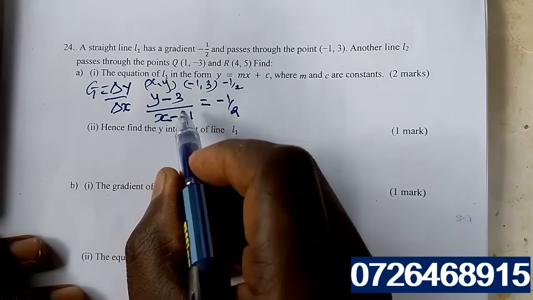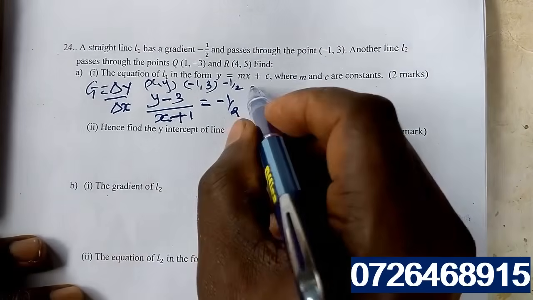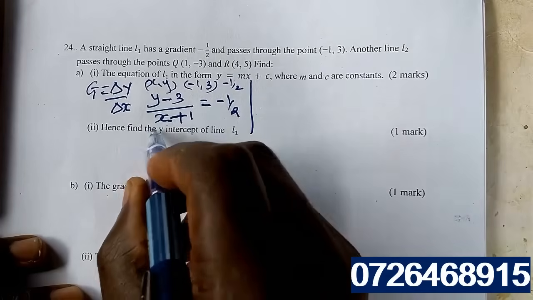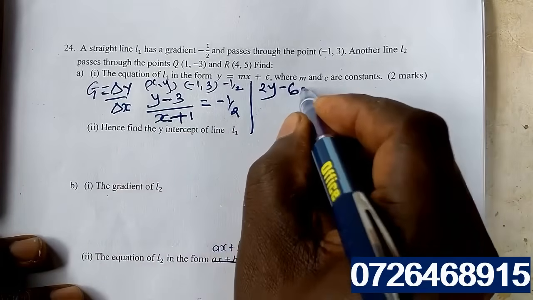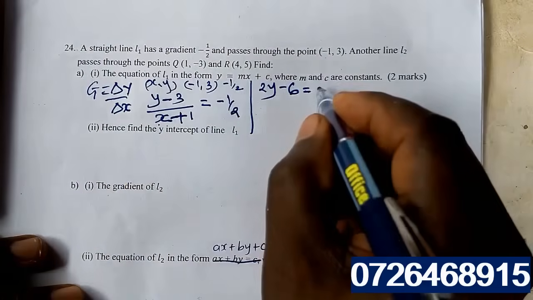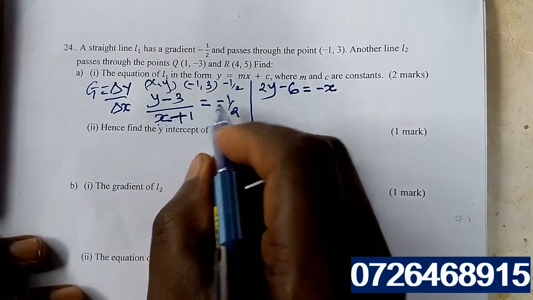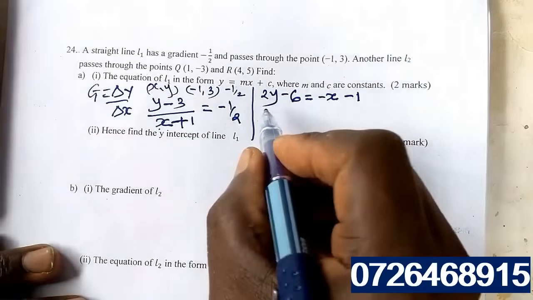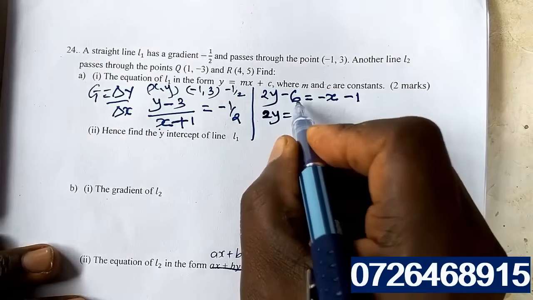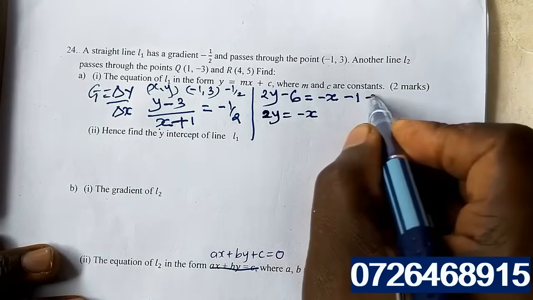And negative times a negative is going to be positive. So we cross multiply this and that. We are going to have 2y minus 6 is equal to, this times is going to be negative x. This times is going to be negative 1. Right? So 2y is equal to, negative x, and negative 6 when it crosses here becomes plus 6.